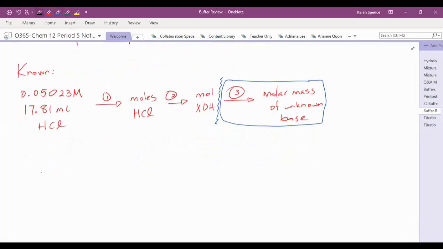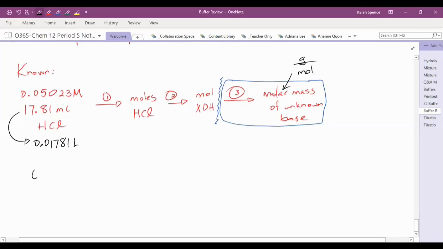So I will convert it into liters, because I'm finding molar mass at the end. Molar mass is grams per mole, so I won't want it to be in millimoles. So I am going to convert this into liters, 0.01781 liters.